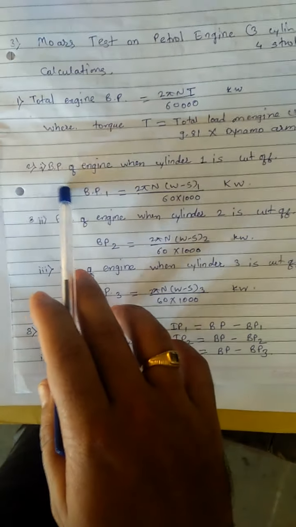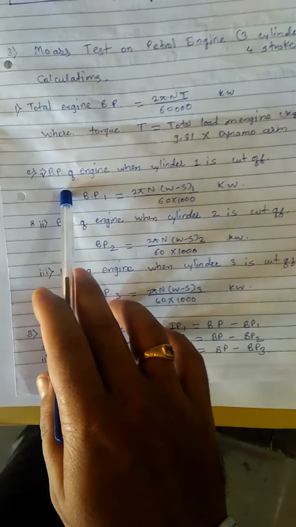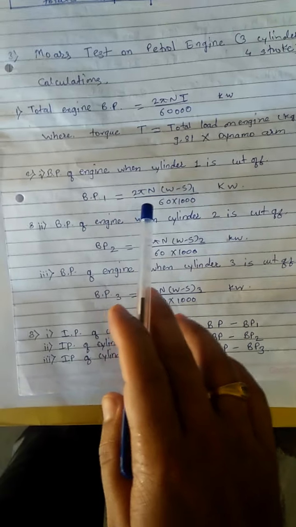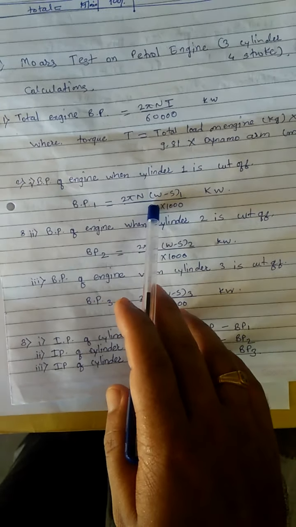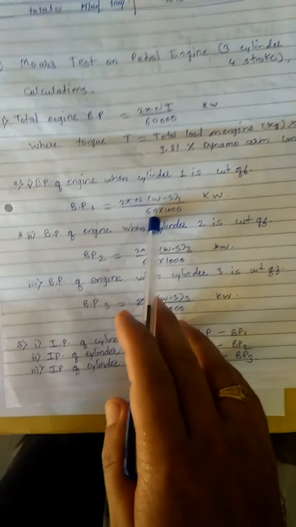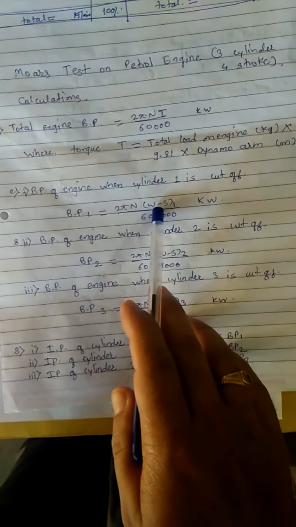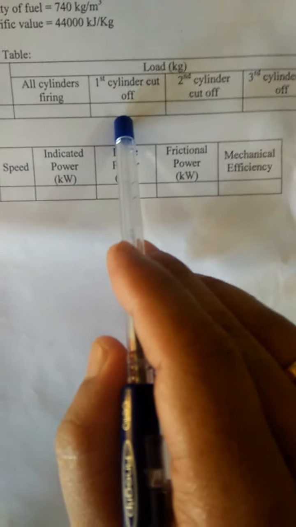In the second step we will calculate the brake power of the engine when cylinder 1 is cut off. It is denoted by brake power 1. We use the formula 2 pi N into W minus S1 divided by 60,000, and we get the result in kilowatts. This W minus S1 is the reading we take from the load, whatever the load is in kg.